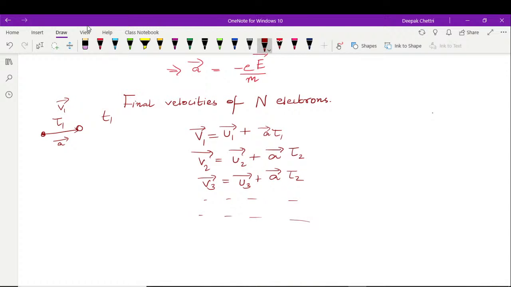We can write for the nth electron. Is this clear?